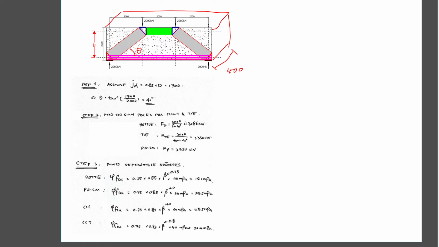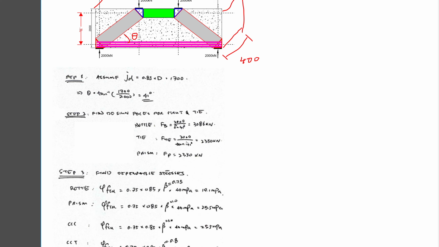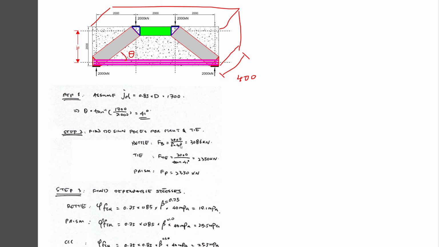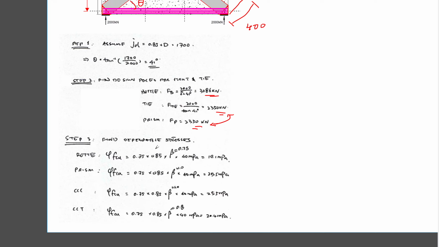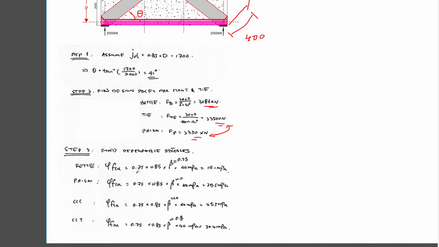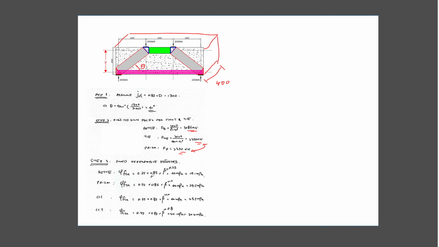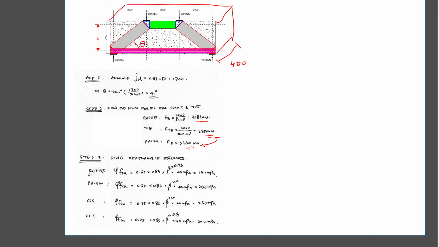So in step 2 we work out the bottle strut and tie forces. Based on trigonometry, we use the sine of the angle and follow that through to get the bottle struts, the ties and the prisms, because the tie and the prism carry the same force; tension and compression are in balance. Then, using the formulas here, we look at the stresses, first of the bottle struts and prism struts because they are compression members, and then the stresses of the CCC node and the CCT node, the connections.